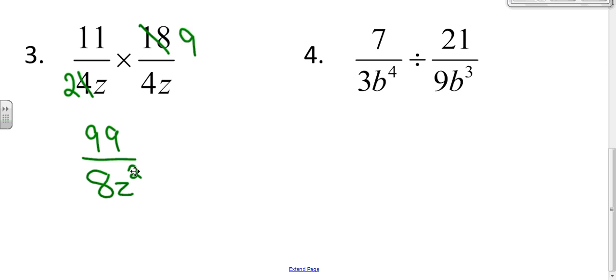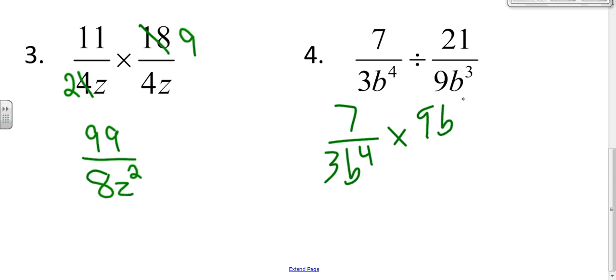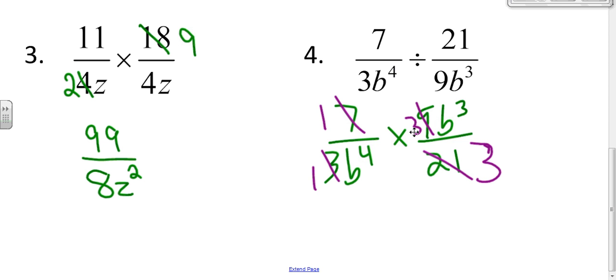And finally, to divide, I'm going to keep, change, and flip. So I get 7 over 3b to the 4th times 9b to the 3rd over 21. Cross reduce. 7 goes into 7 once, goes into 21 3 times. 3 goes into 3 once, goes into 9 3 times.